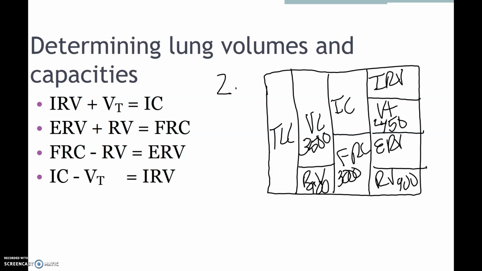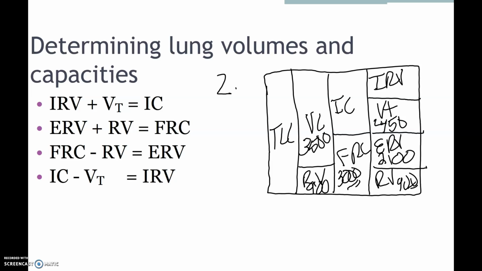ERV, that one we can get. So ERV, if you look here, you take your FRC of 3,000 and subtract off your residual volume of 900, and that will leave us with 2,100 milliliters for ERV. So we can put 2,100 in our box here for ERV.